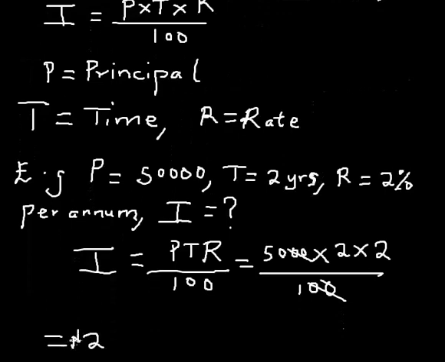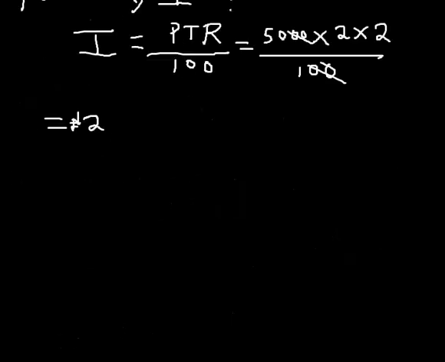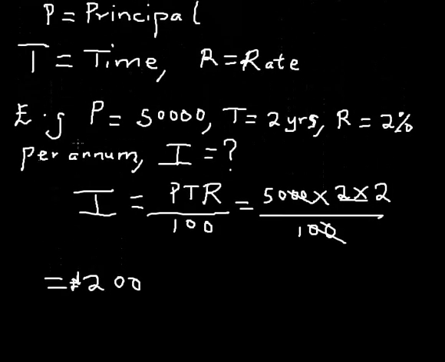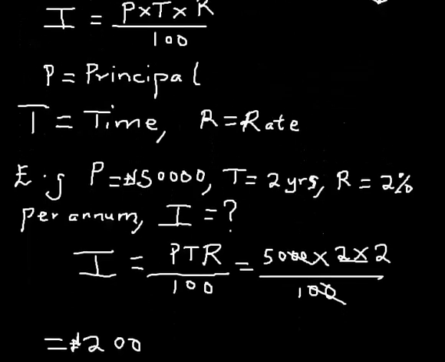If I'm not mistaken, yeah, 200. So for the 2 years, 4 times 50, that is 200. He repaid 200 at the end of the 2 years. So please take note of that.